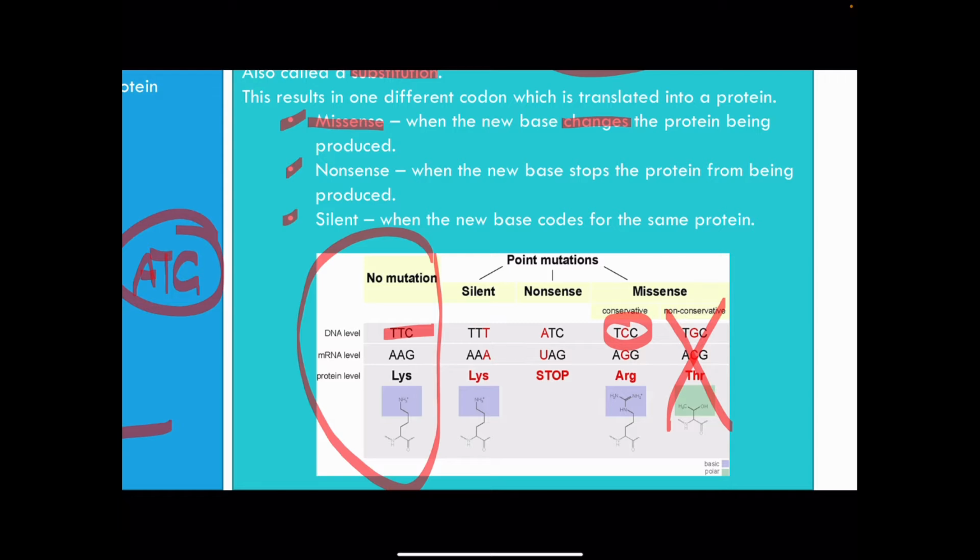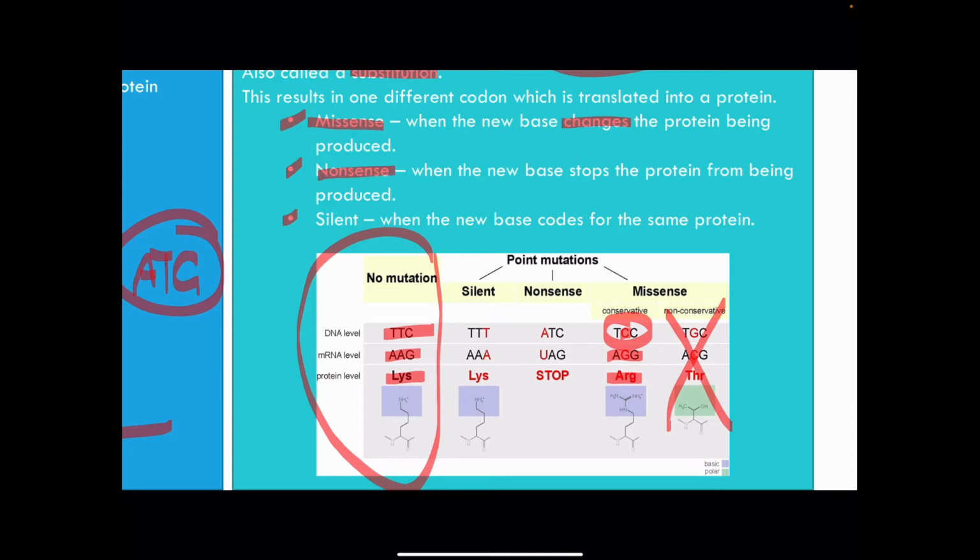What's happened is that, as you can see, that middle T has turned into a C instead. Changing this codon here, AAG, to AGG. Changing, therefore, this amino acid lysine to arginine, I think that is, okay? And so that means that instead of the lysine amino acid being added to the protein chain, an arginine is added instead, all right? So we're having a different protein being produced.